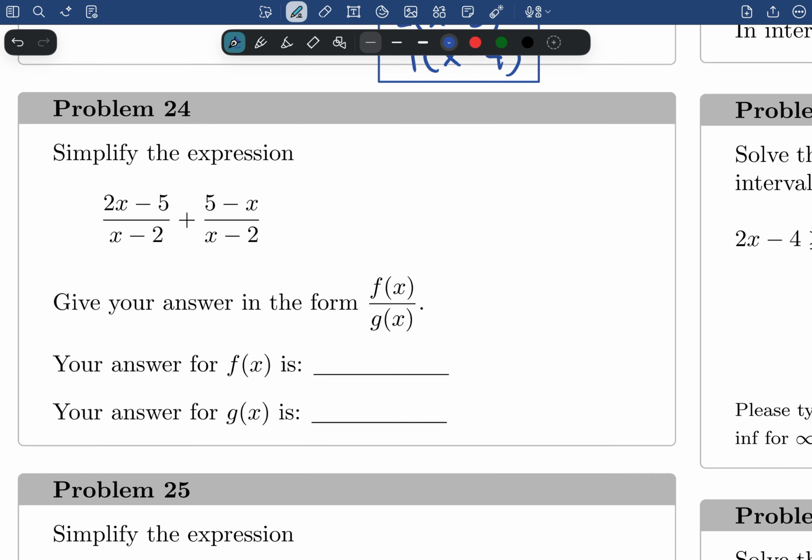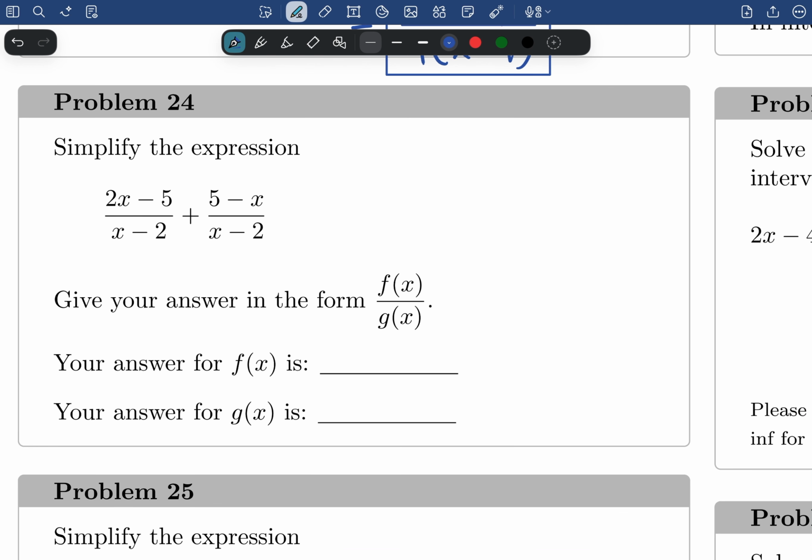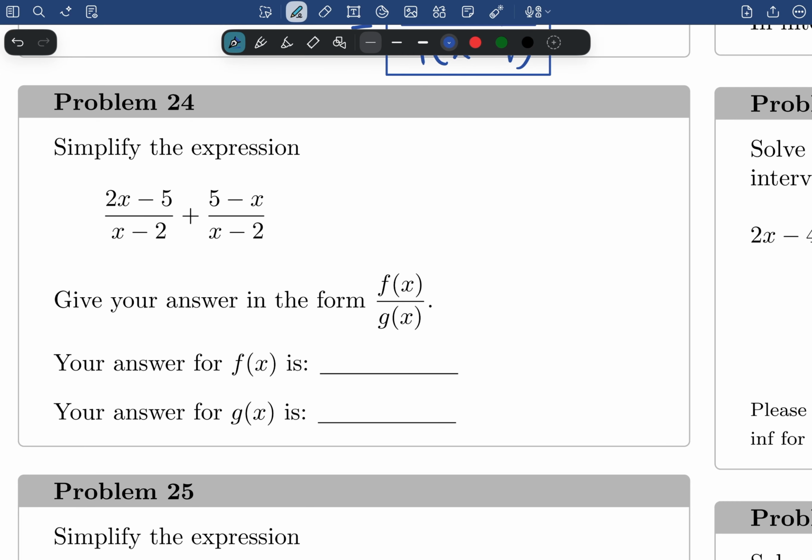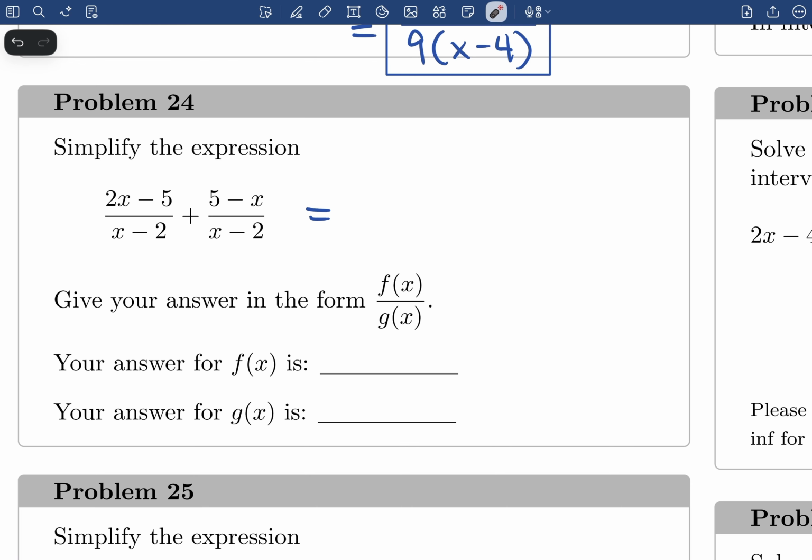Problem number 24. It says simplify the expression 2x minus 5 over x minus 2 plus 5 minus x over x minus 2. And I see that I have addition between these two fractions, these two rational expressions. But what's nice is the two denominators are the same.